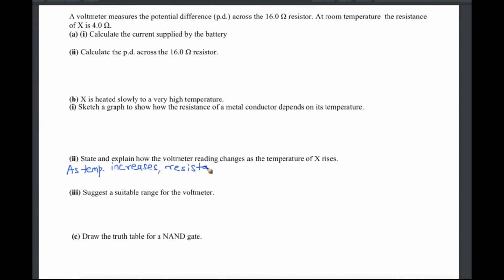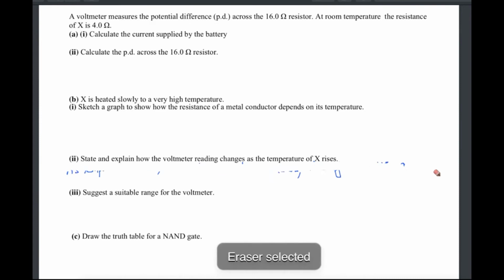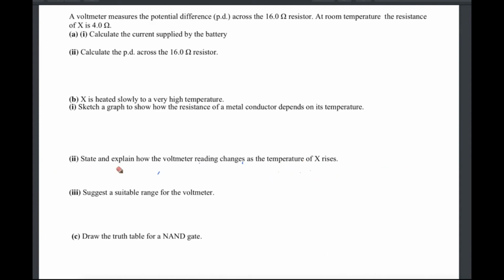So as temperature increases, resistance increases in metal. This is not a thermistor, students.